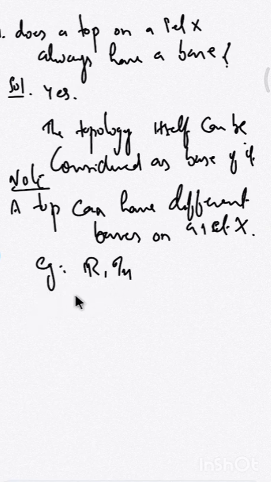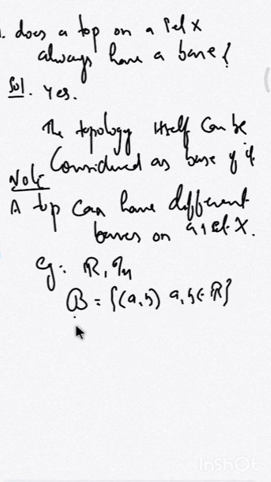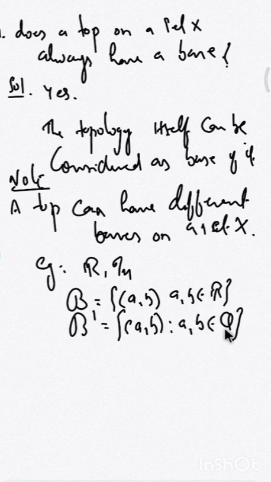As in the previous example, ℬ, the collection of all intervals of the form (a, b) varying over the real numbers, is a base, and ℬ', the collection of all open intervals (a, b) with a and b varying over Q, is also a base. So of course a topology can have more than one basis.